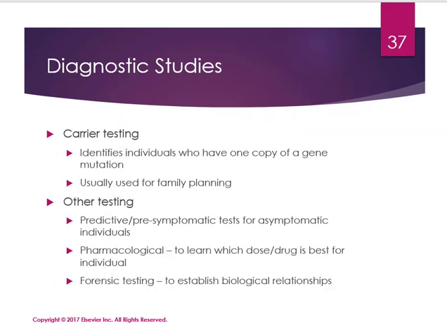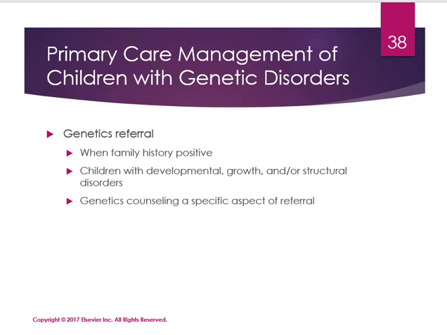We can also do carrier testing, which identifies individuals who have one copy of a gene, and it's usually used with family planning. And other testing is predictive or pre-symptomatic tests for asymptomatic individuals. We've heard of pharmacological testing to learn which dose or drug is best for an individual, and forensic testing to establish biological relationships.